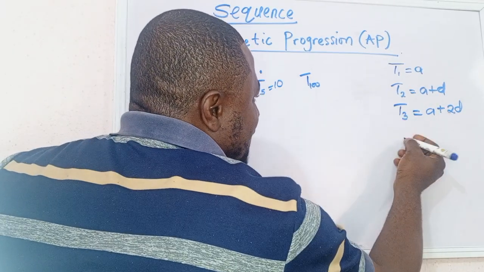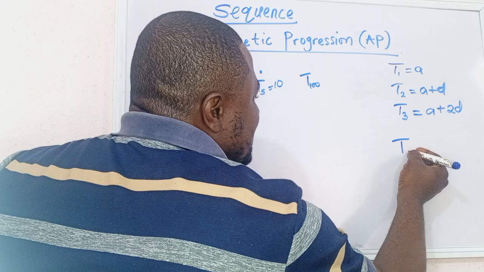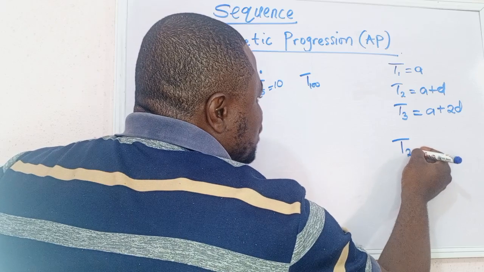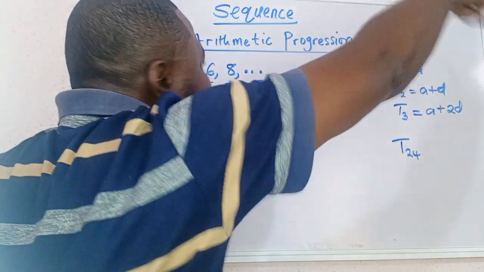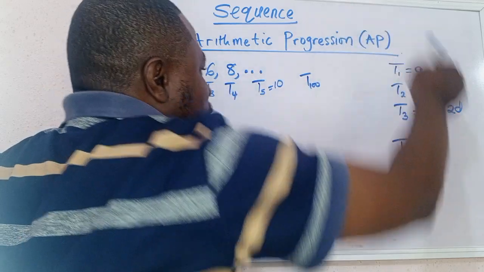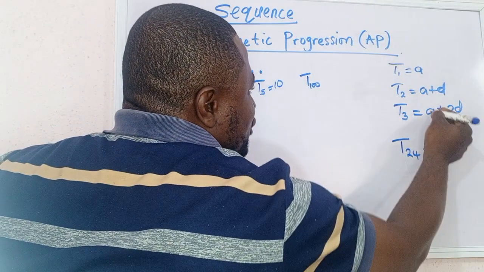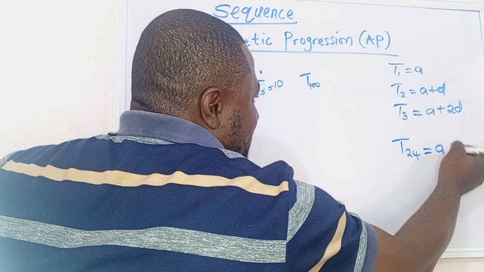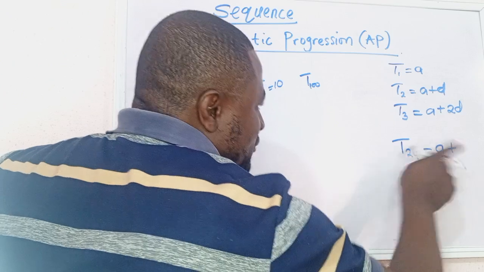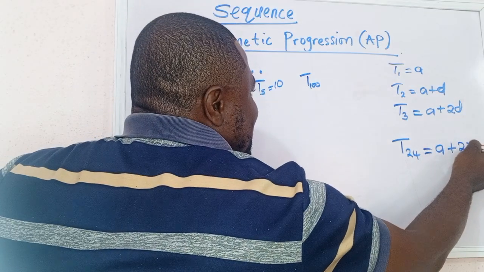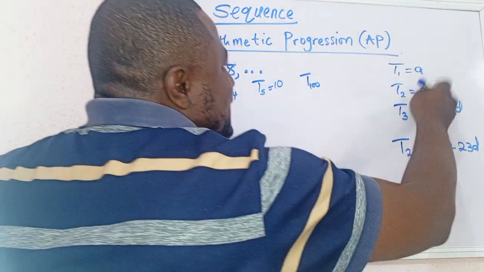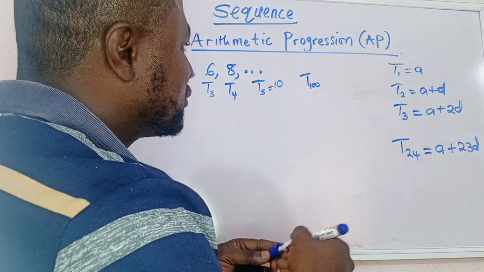If I want to write the 24th term, it is very easy. It is always A plus... Now, this is 24. Remove 1 from 24, you have what? 23D. So it's always A plus something D.